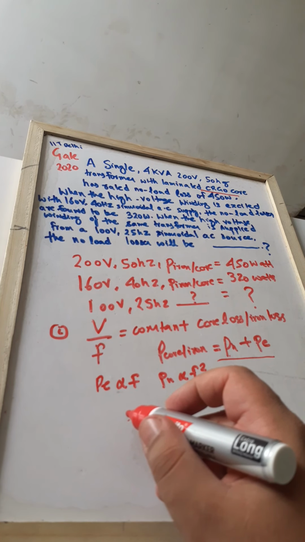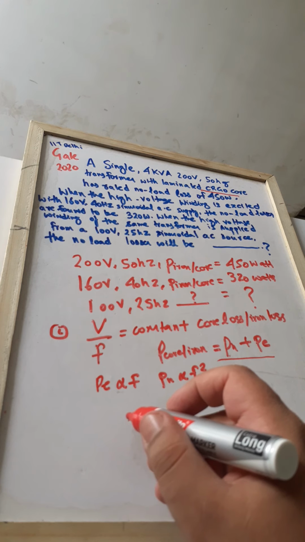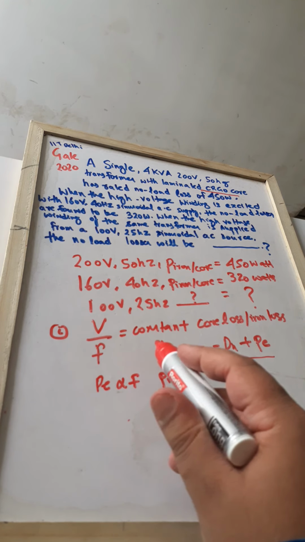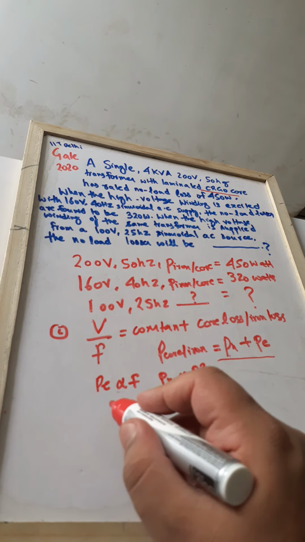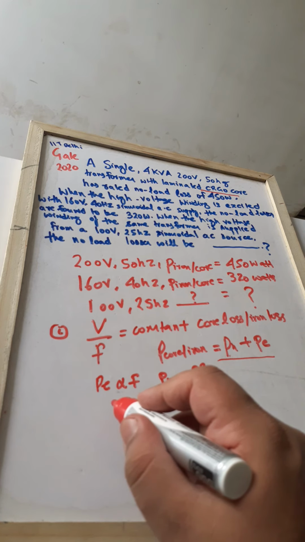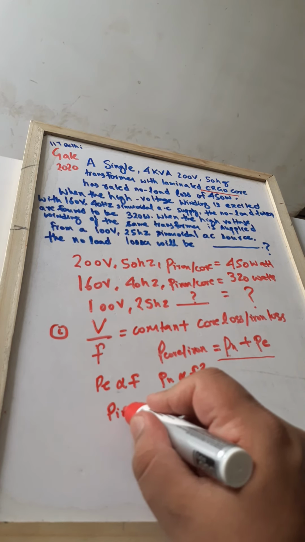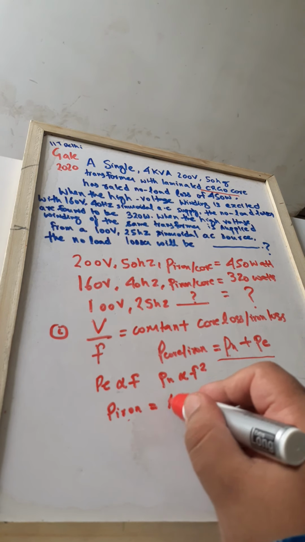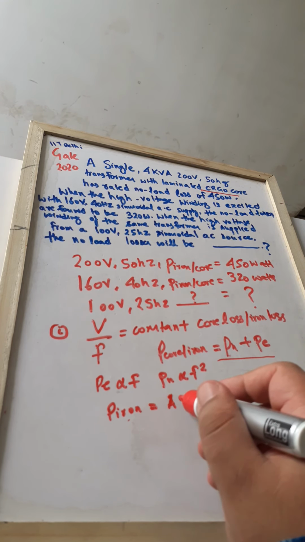So how do we go about this? We don't know what our hysteresis loss and eddy current loss are. So suppose our core loss, P iron, is A times frequency plus B times frequency squared, where A and B are the fractions with respect to hysteresis and eddy current.